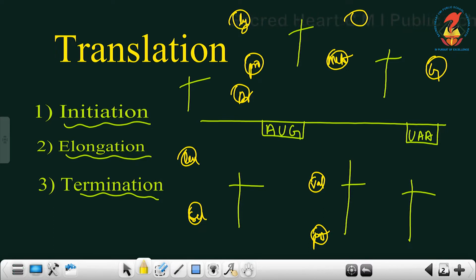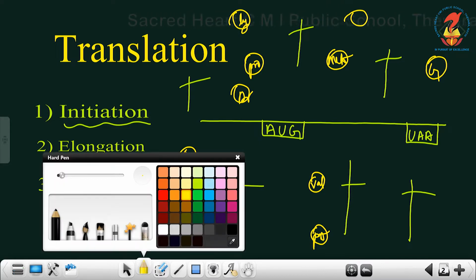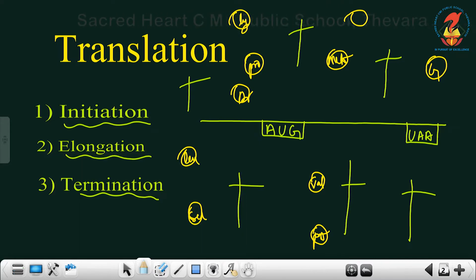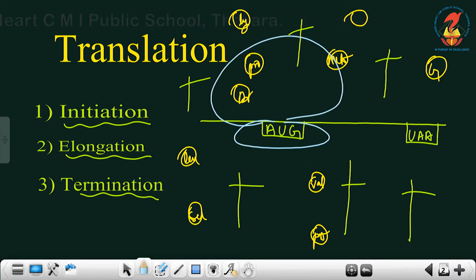Okay. Now what happens in initiation is, first of all, the ribosomal unit, small and large, comes and binds at the start codon. First the small ribosomal unit comes and binds, and then the large ribosomal unit comes and binds. Simultaneously, the tRNA, which tRNA? The initiator tRNA having the anticodon UAC. UAC is complementary to AUG.